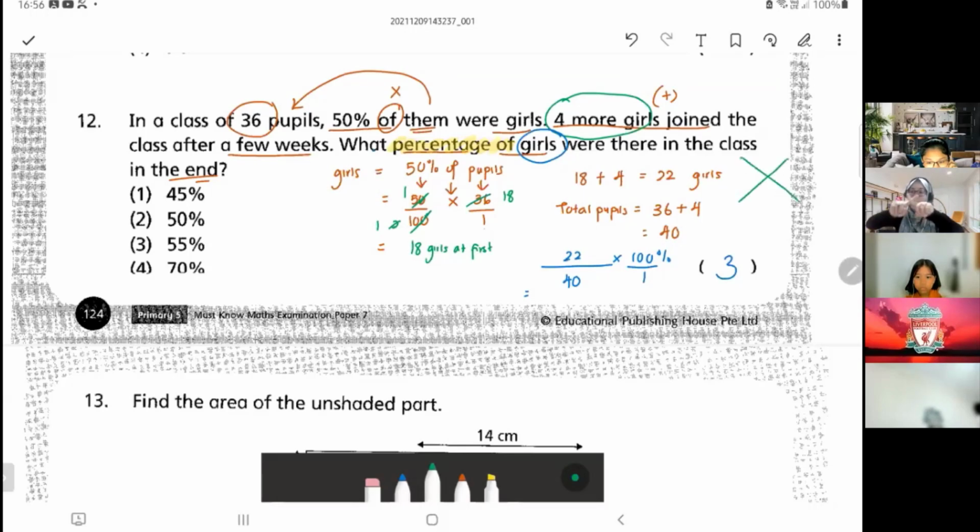So 40 and 100, divide by 10, divide by 10. Then I can divide this one by 2: 22 divided by 2 is 11, and 2 divided by 2 is 1, this one is 5. Correct? It becomes 55%. The answer is number 3. Perfect. Very good.